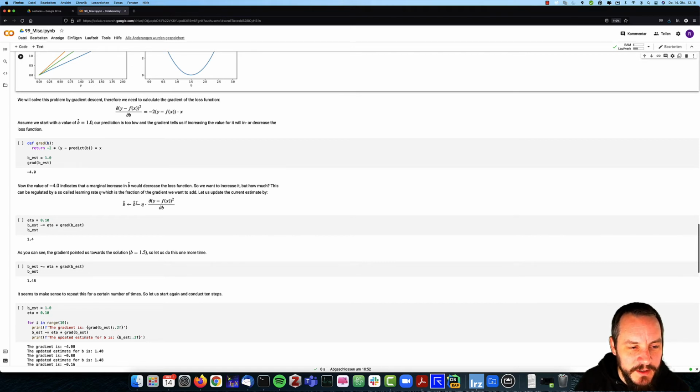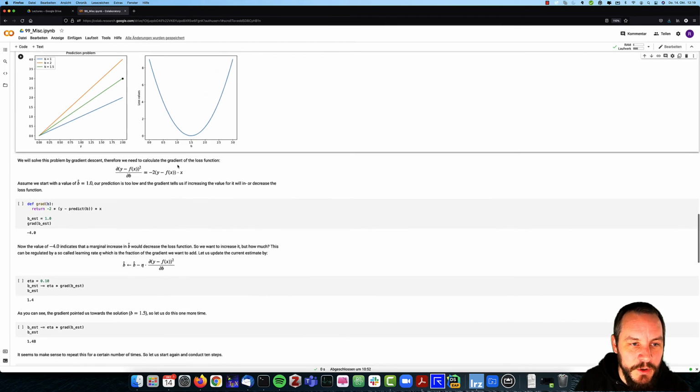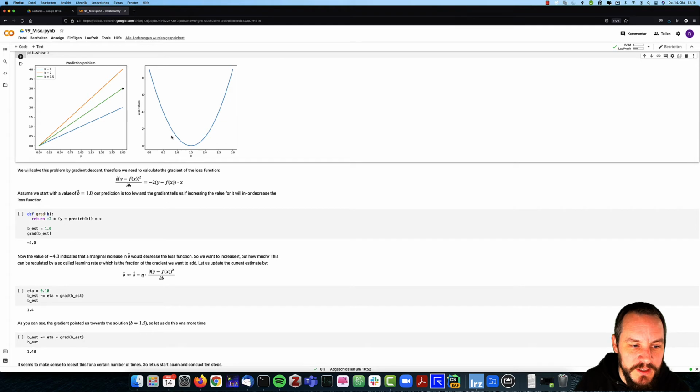If we have a negative gradient value, minus something negative is plus, so we increase b, and the new value of b will be bigger than the original value. And if the gradient is positive, then we have minus something positive, so we reduce the original value of b. This is exactly what we want to do if you compare it to the situation here.